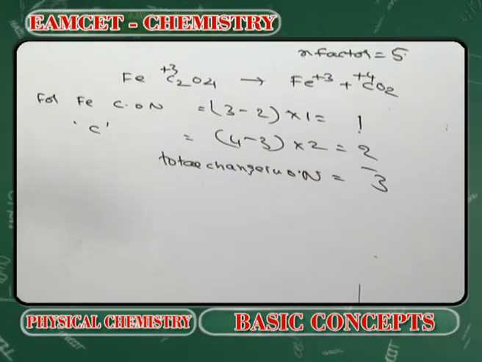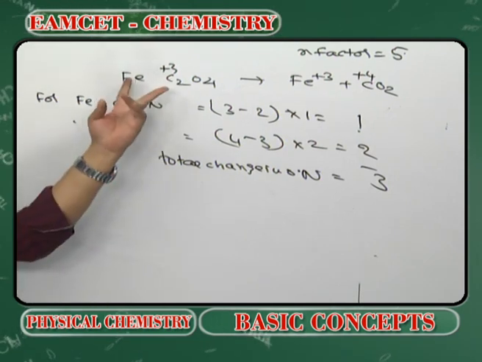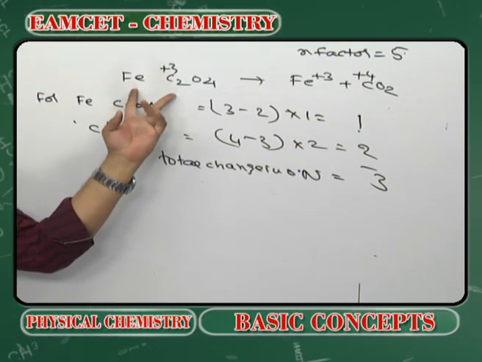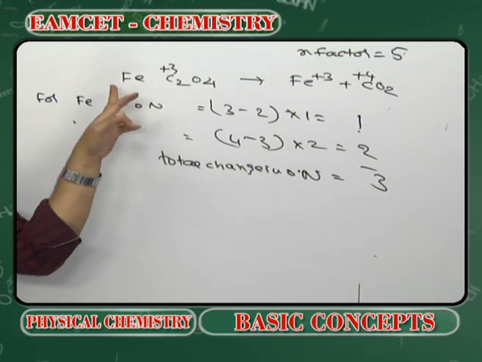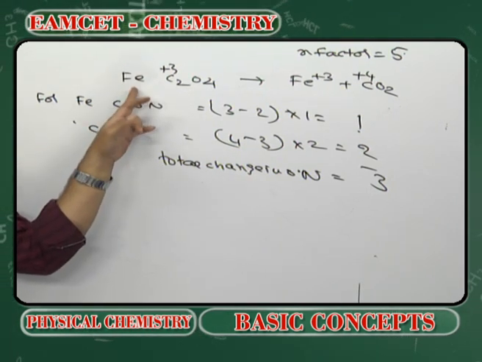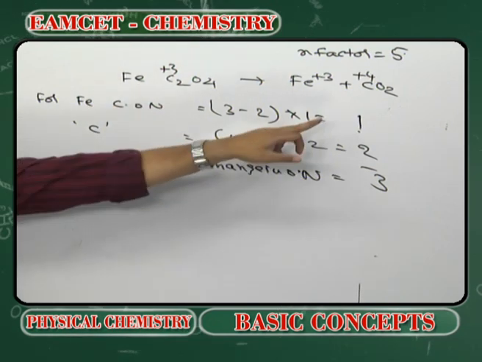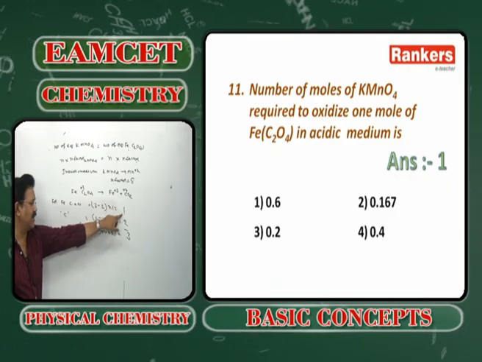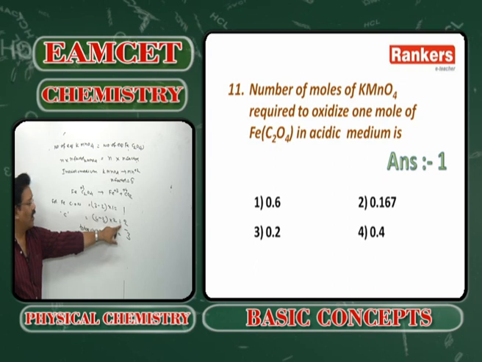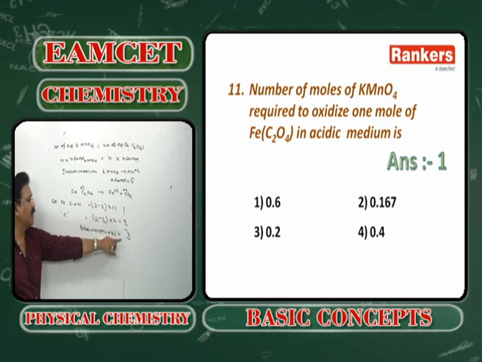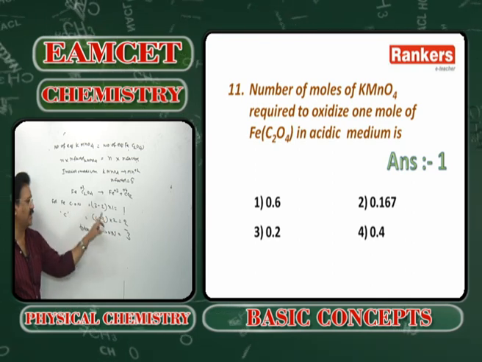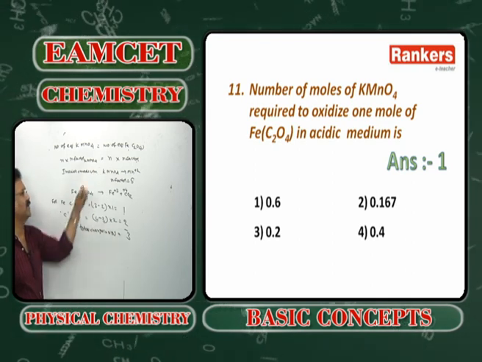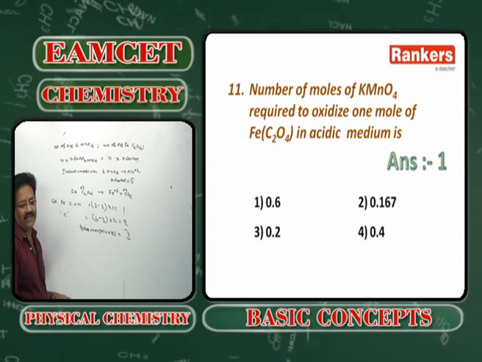So in ferrous oxalate, what happened? 2 species have undergone oxidation. In such a case, to get the final n factor, we have to add the change in oxidation number for iron as well as the change in oxidation number for carbon. What is the total change in the oxidation number for ferrous oxalate? It is 3. So the n factor for ferrous oxalate is 3.